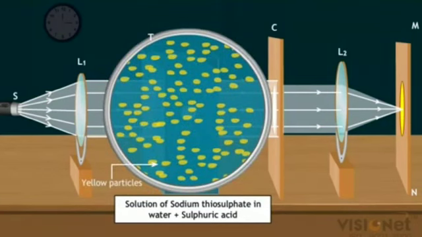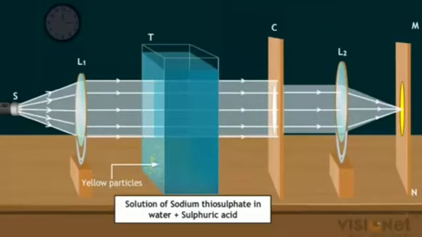As the sulfur particles begin to form, we can see blue light from the 3 sides of the glass tank. This is due to the scattering of white light by the minute colloidal sulfur particles. Observe the color of the transmitted light from the 4th side of the glass tank.